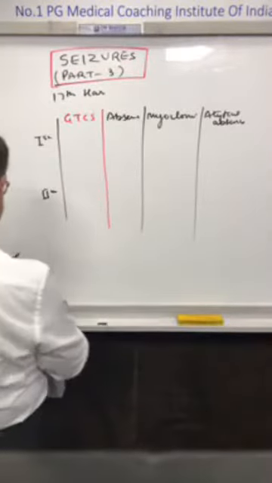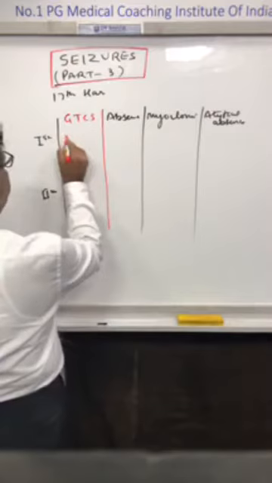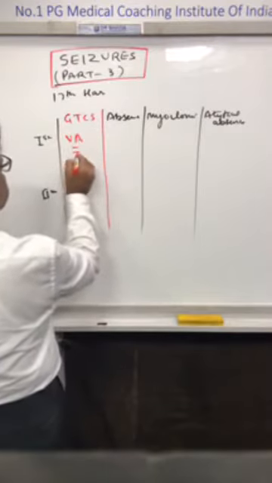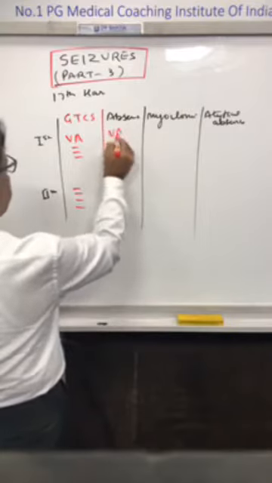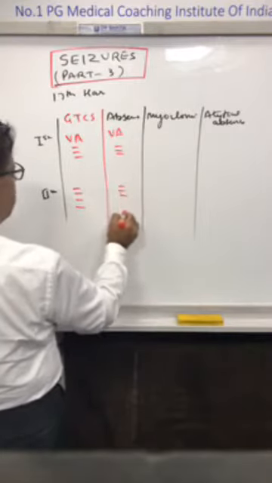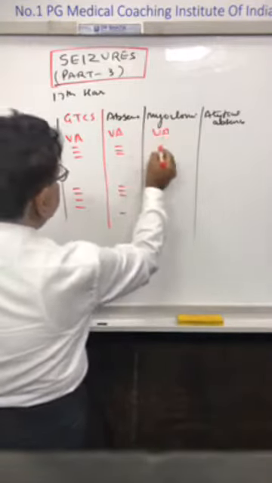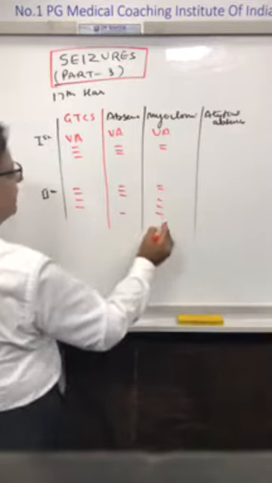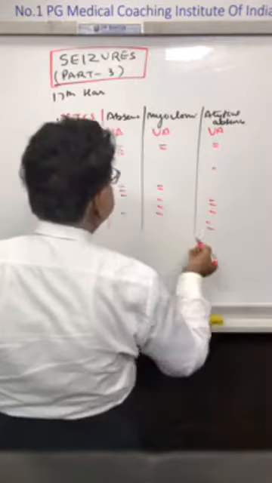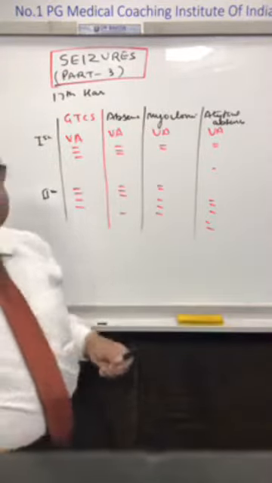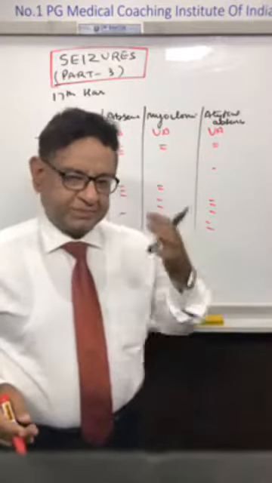First line treatment was valproate, then many more. Second line, many more. Valproate again. This is what came in the 17th edition.